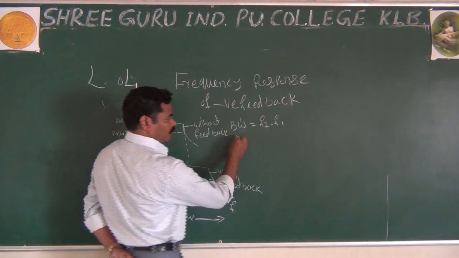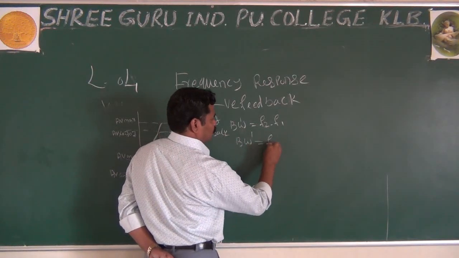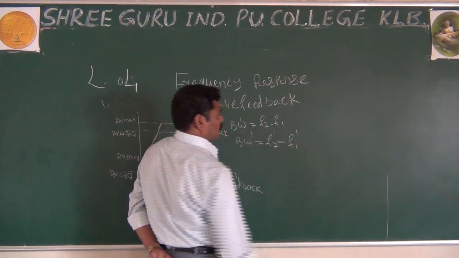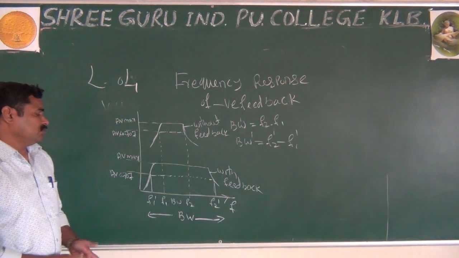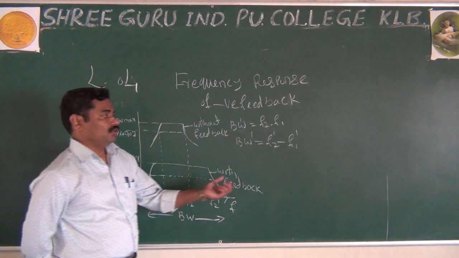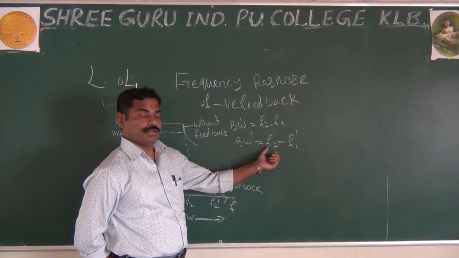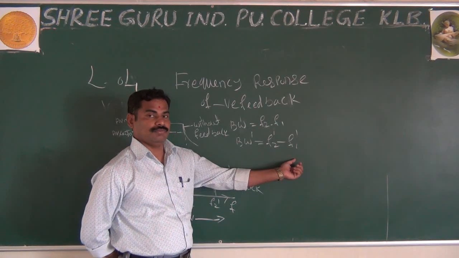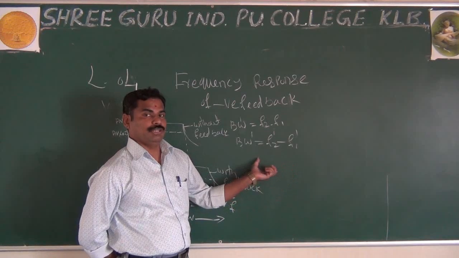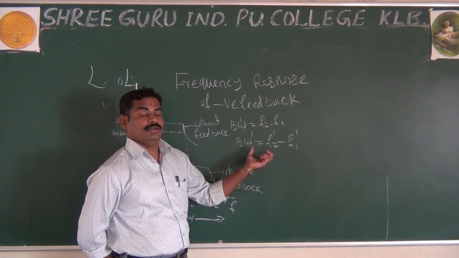With feedback, the bandwidth BW dash equals F2 dash minus F1 dash. To get more bandwidth, we want a very high higher cutoff frequency and a very low lower cutoff frequency, meaning F2 much more than F1. If you use negative feedback in amplifiers, we will get more bandwidth.